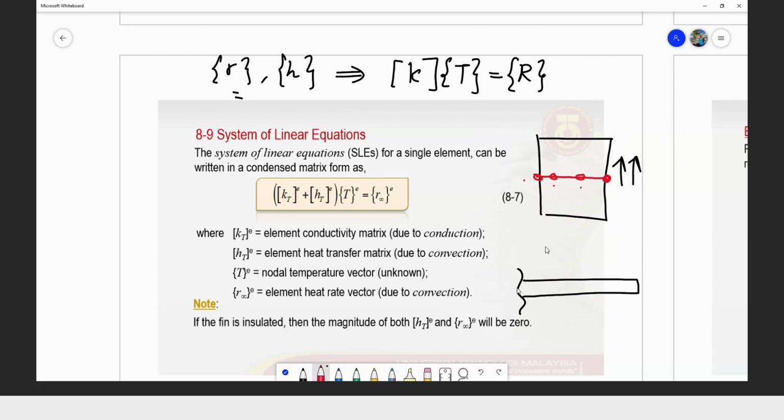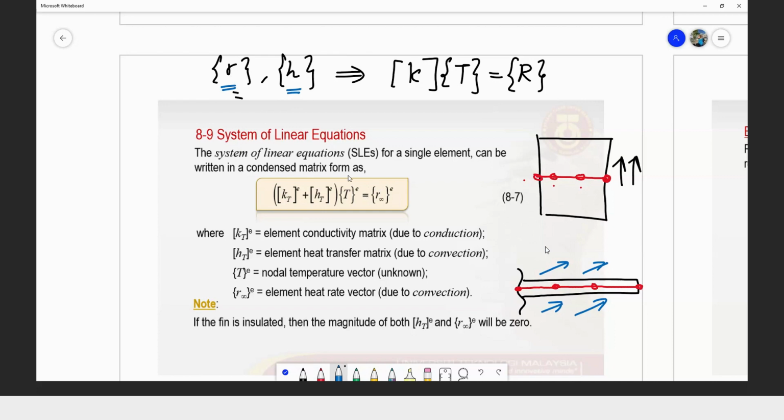So now our element is in that direction, then the convection process occurs all over the surface. So that's why the effect of convection is directly applied to the R. Before this, R was based on internal generation.